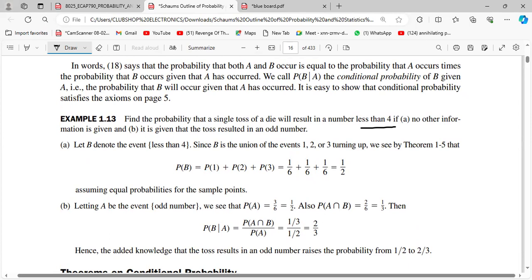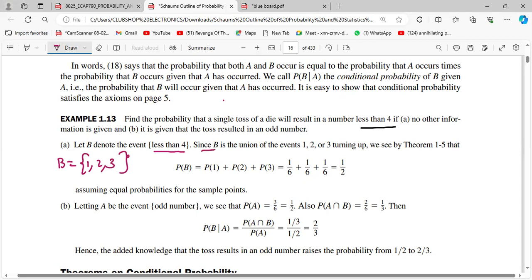B: it is given that the toss resulted in an odd number. So here, let B denote a number less than 4, implying that this is equal to 1, 2, 3. That's what we mean.